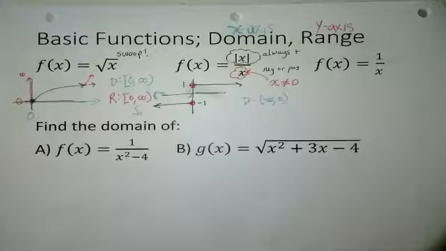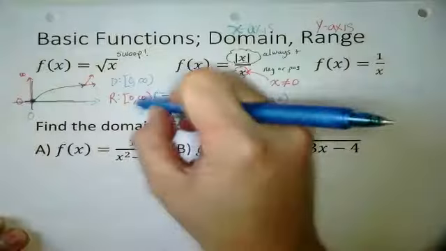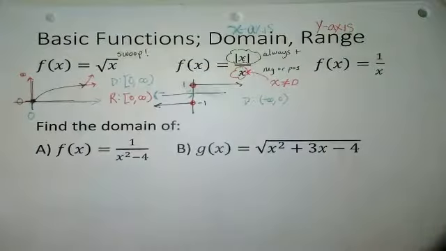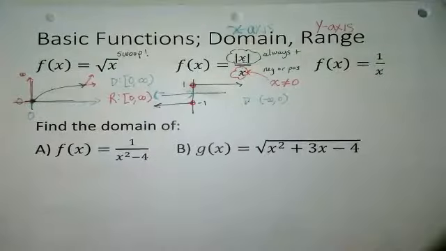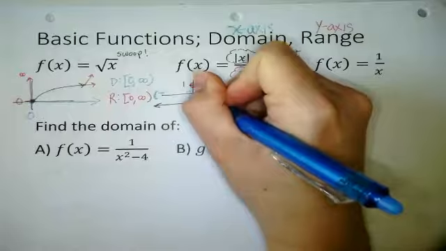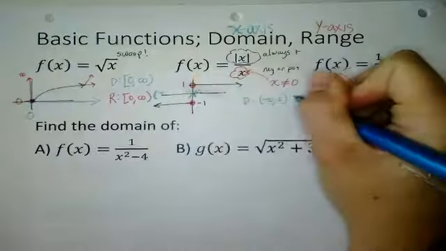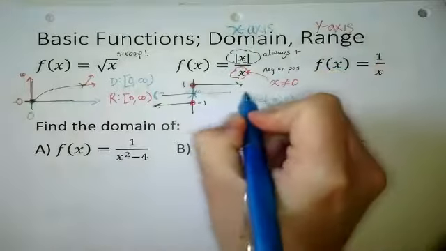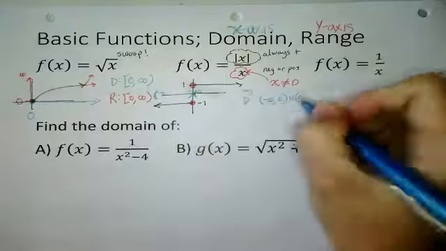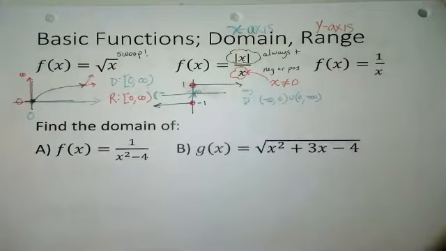That parenthesis means that we're getting very, very close to 0, as close as we want. Infinitesimally close, very, very small. But we cannot include 0. It's undefined there. And it's going to pick up on the other side. So we're going to join these together, 0 all the way to the right to positive infinity. And you do not have to use the positive. It's always assumed there's a positive. I just like to write it in for clarity's sake.